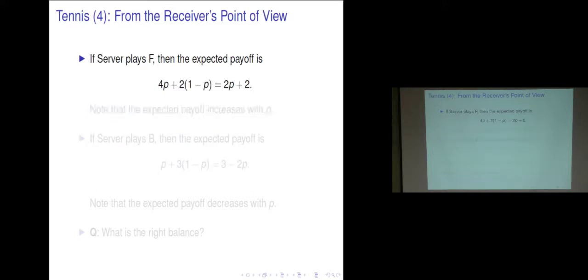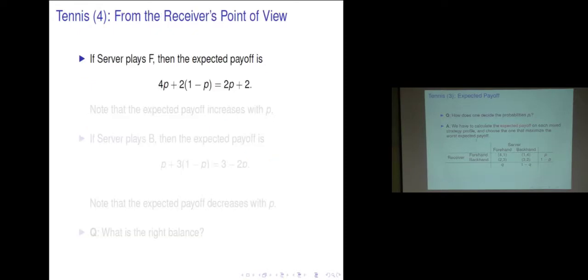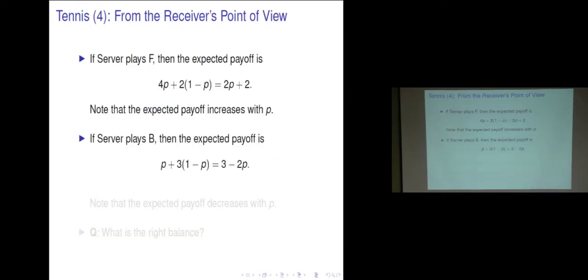Let's go back to the matrix. Now, suppose the server plays this strategy. We are the receiver, so with probability P, we get 1, so it's 1 times P, plus with probability 1 minus P, we get 3, so 3 times 1 minus P. So you get 3 minus 2P.